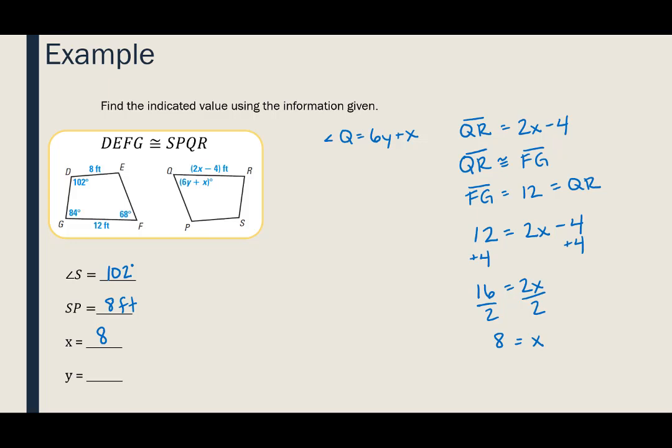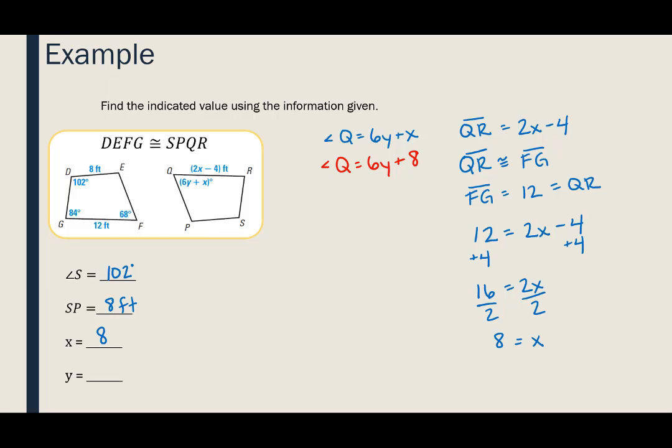Now we can move on to y. Remember that angle Q? Angle Q is where we found the variable y, but we also had a variable of x. We just solved for x, so let's plug the x value in and see what that gives us. Angle Q equals 6y plus, instead of x, let's write 8, because we solved to find that x equals 8. Well, that looks friendlier.